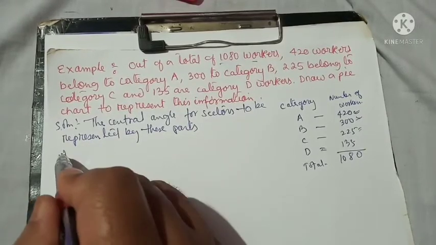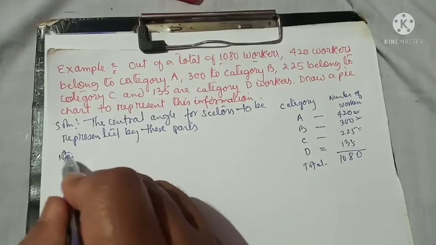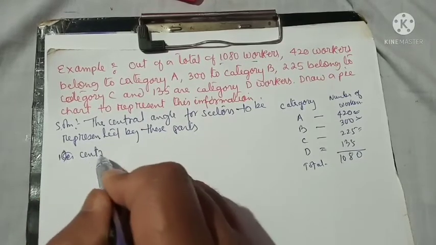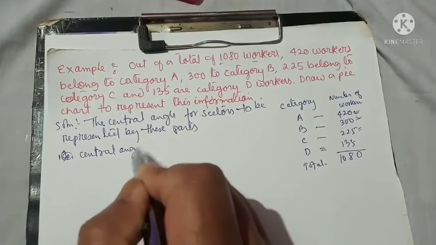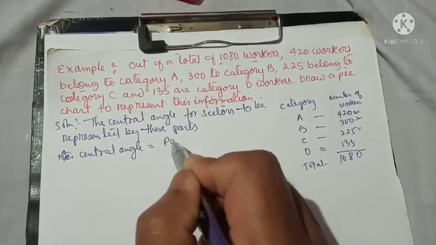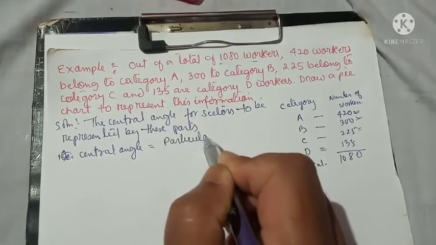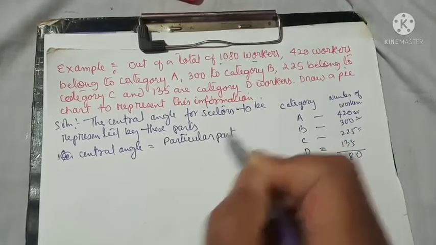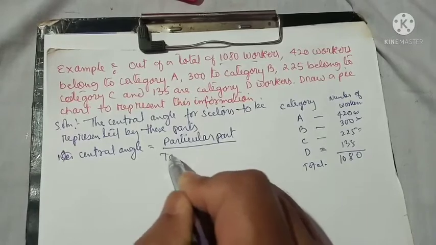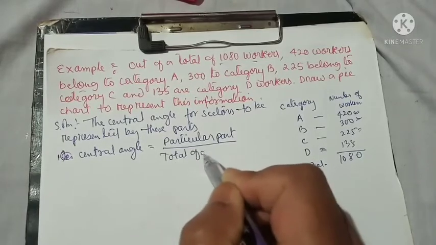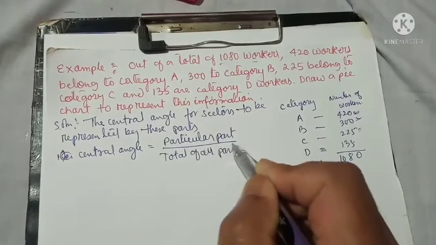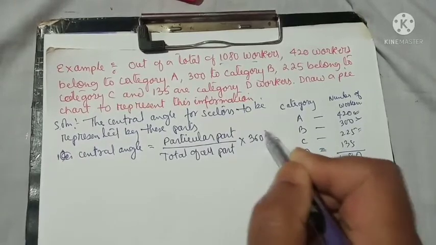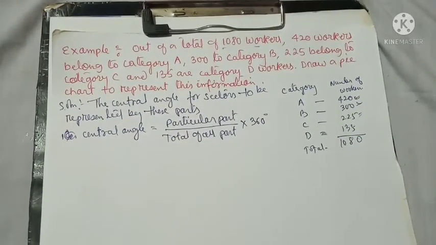To find the central angle, we have to write the formula. Central angle is equal to particular part divided by total of all parts, into 360. This is the formula that we are going to use to find the central angle.